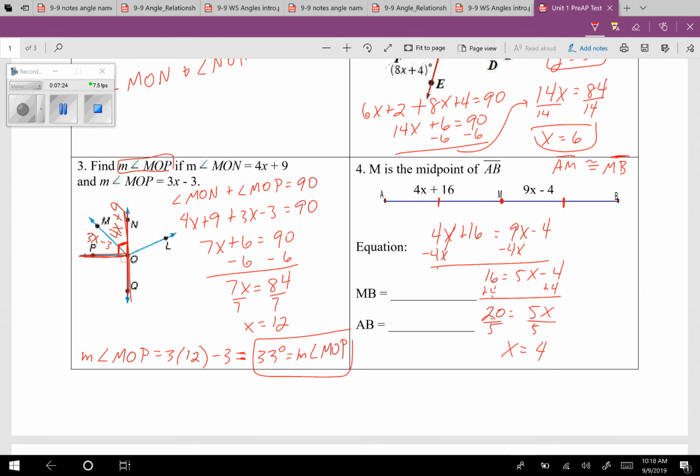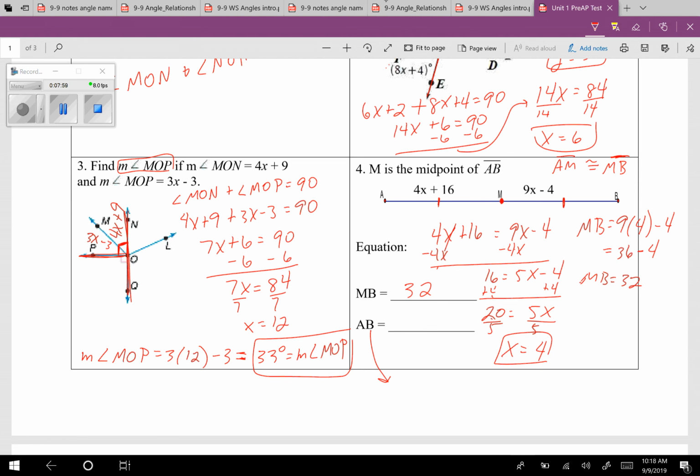So that's the first part. Okay. X is 4. And then now they want us to find the measure of MB and also AB. So MB, it's this 9x minus 4. So 9 times 4 minus 4. So you get 36 minus 4. So MB is 32. And now here's the key. We know this M is the midpoint, so that means that we have 2 congruent sections.